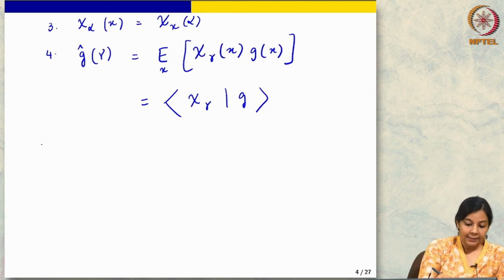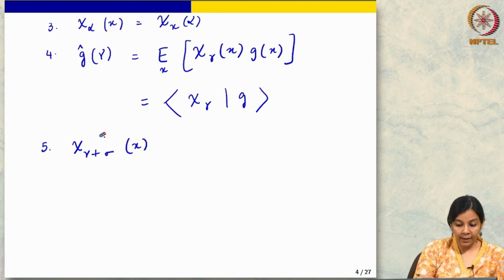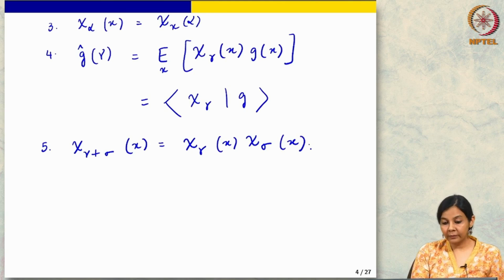And then another property which we used is this: chi of gamma plus sigma x is equal to chi gamma x times chi sigma x. And this is of course what we want for it to be a character. This is the homomorphism property.